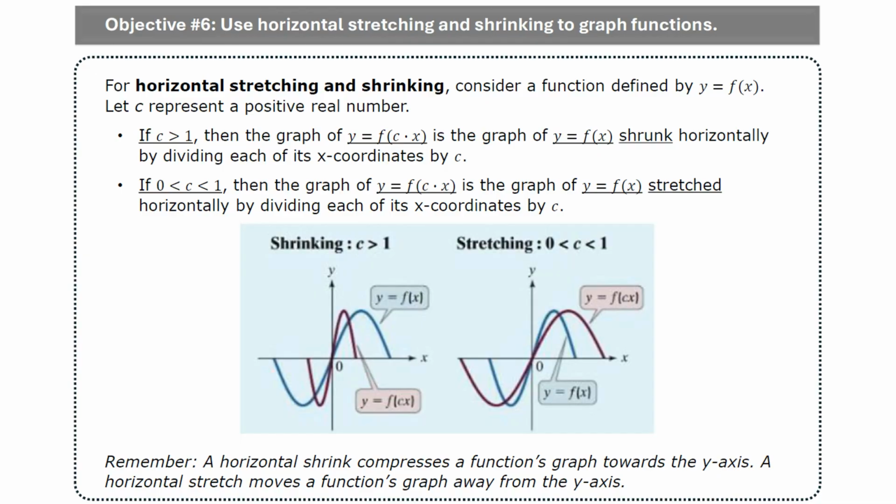This causes the graph to move towards the y-axis. So it's being compressed towards the y-axis. Now, when we're stretching, our c value is between 0 and 1. And this is then causing a stretch, which then moves our function away from the y-axis. So that is our horizontal stretching and shrinking.